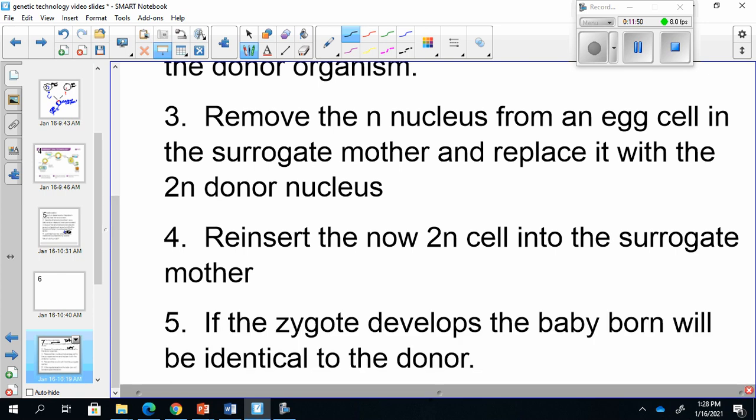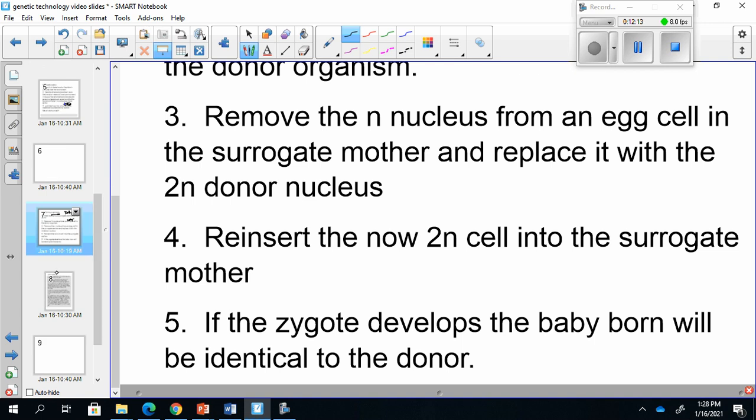And then if the zygote develops, so it doesn't happen 100% of the time, it's not 100% effective. Otherwise, everyone that tried having in vitro fertilization, it would work, and it doesn't work with everybody. So take that zygote, and if the baby develops, the baby is going to be born identical to the donor because it has the exact same DNA.